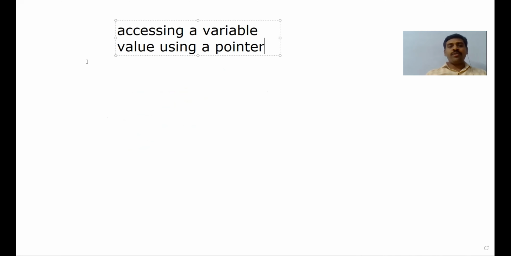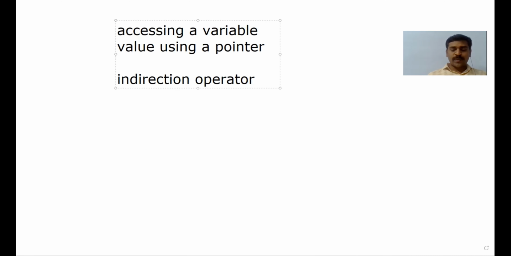Sir, if we want to access the variable value, we have to use the operator called the indirection operator. How to specify the indirection operator? With the symbol called star. Now we are going to see this indirection operation with an example. So now I am going to share the screen.